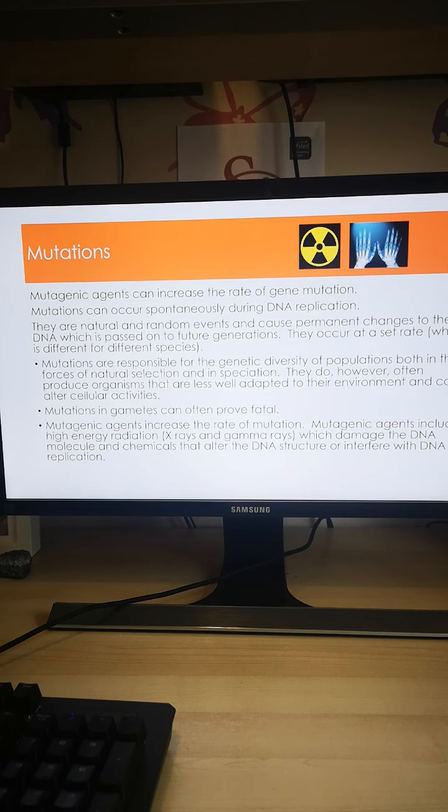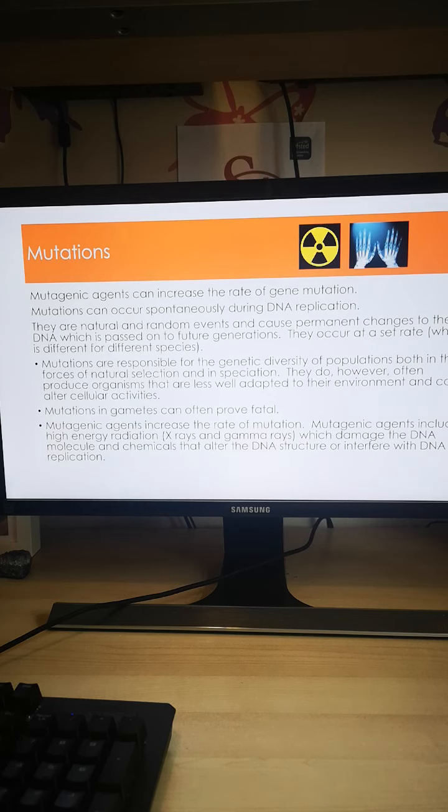Okay, so if you're wondering what kind of things are mutagenic agents, any carcinogen, anything you've learned to be causing cancer is likely to be a mutagenic agent because cancers are the result of mutation. But remember they're spontaneous too. They're natural and random events, but they do cause permanent changes to the DNA that is then passed on to future generations.